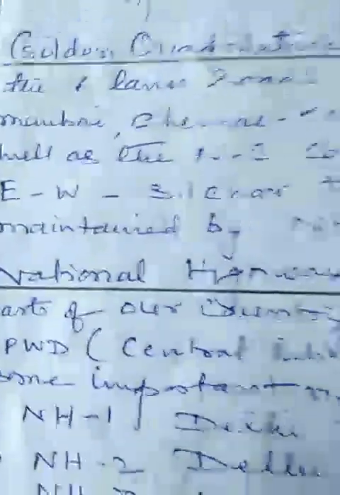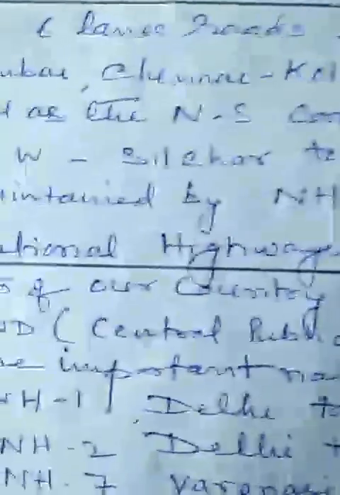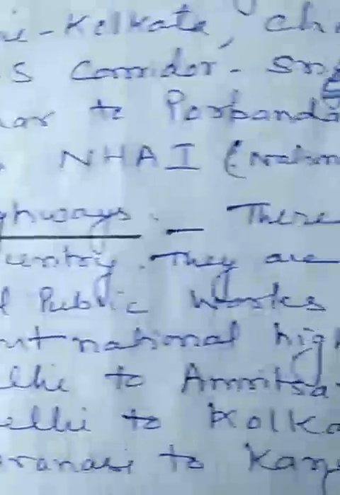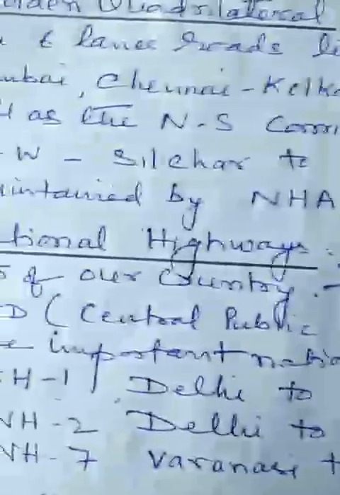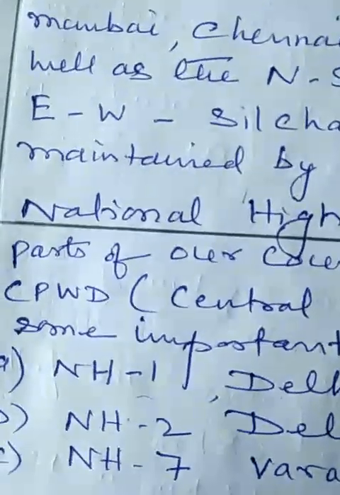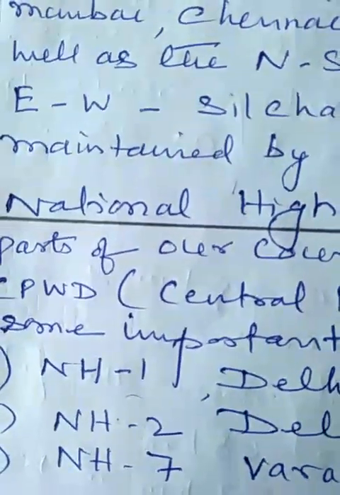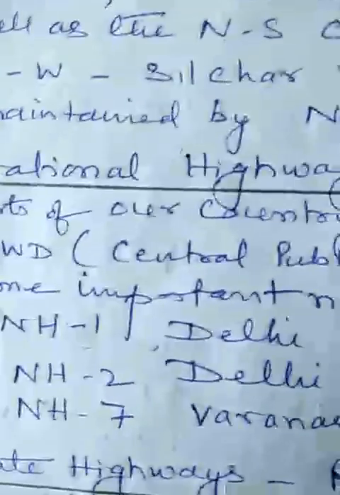Next are the national highways. These roads link extreme parts of our country, from the state capital to the national capital of India, that is New Delhi. These roads are maintained by CPWD, Central Public Works Department.